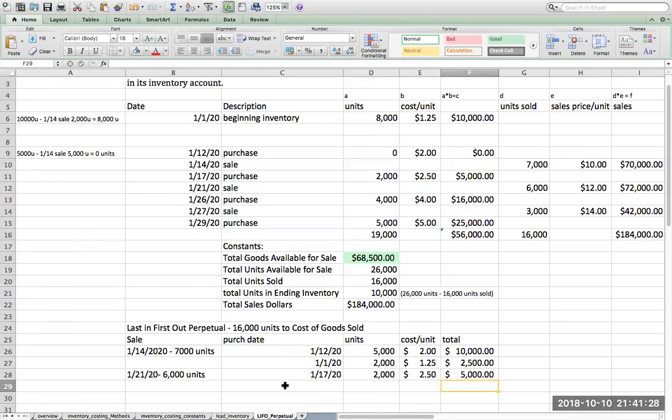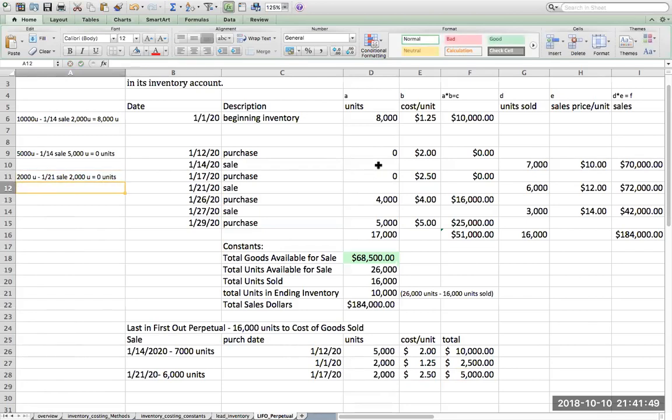However, note, I'm not done. These 2,000 units are gone. Here I had 2,000 units minus the January 21st sale of 2,000 units. I now have 0 units.